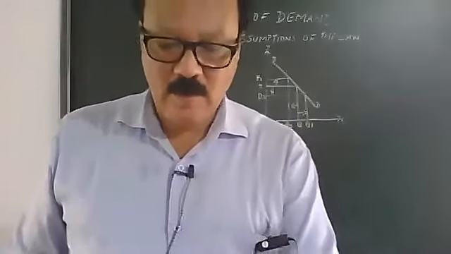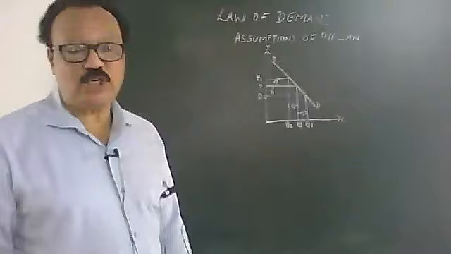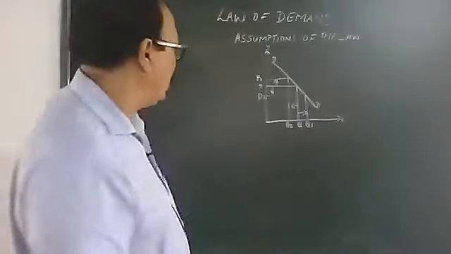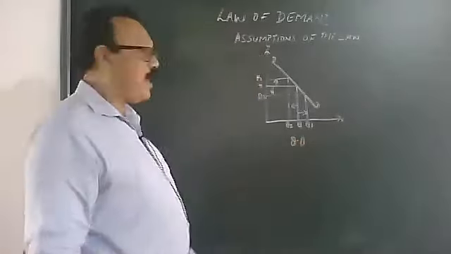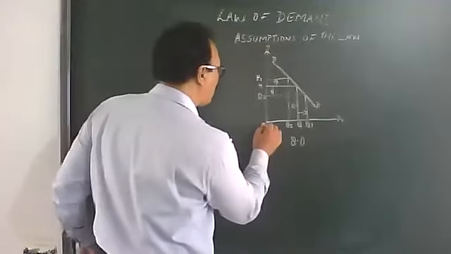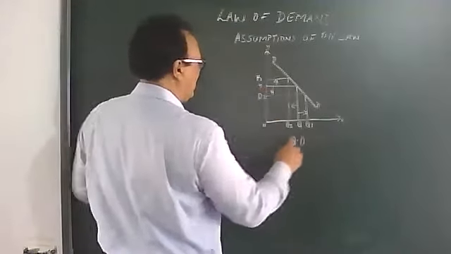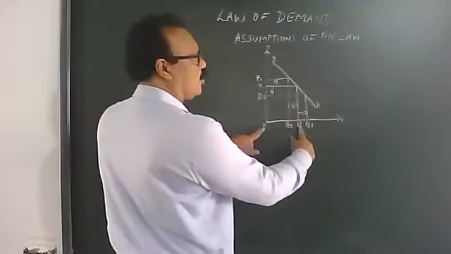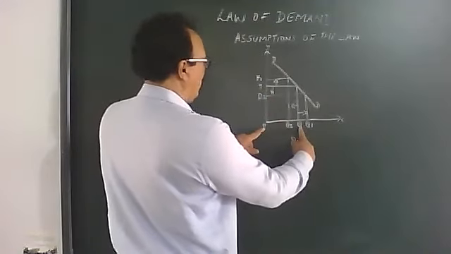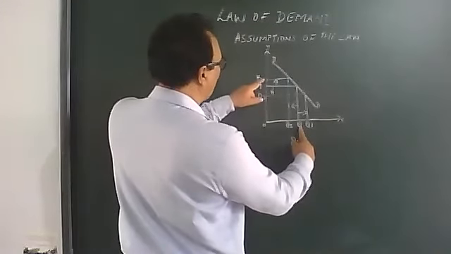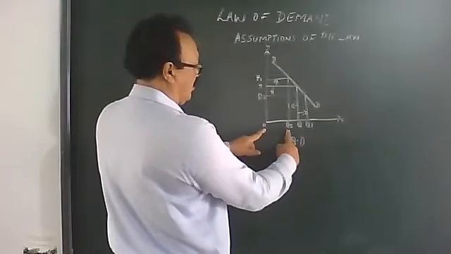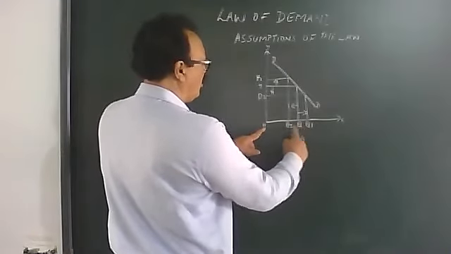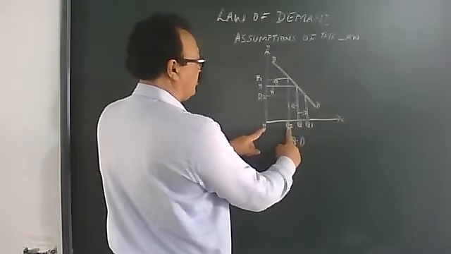There's an inverse relationship between price and the quantity demanded. If you look at the diagram, when the price was OP, the quantity demanded was OQ. When the price rises from P to P2, the quantity decreases from OQ to OQ2.